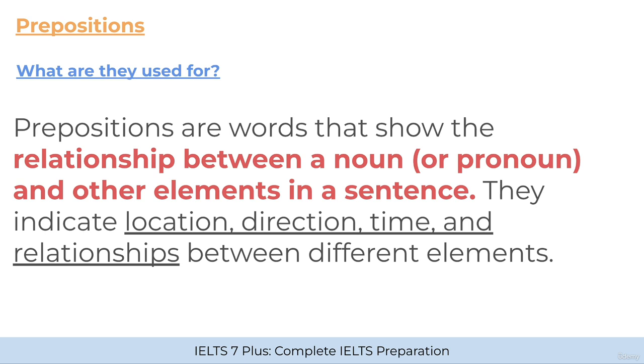So prepositions are all about location, direction, time, and various other relationships between the different elements. A lot of the time they are quite small words, but they're small and mighty because they play a big role in the sentence. Without them, you wouldn't understand the intricacies and the details of the sentence. So they really help to add complexity, interest, and layers to the sentence.